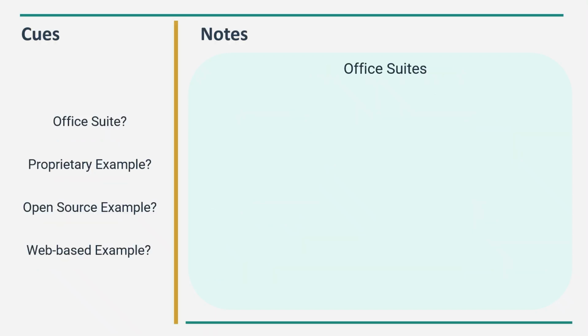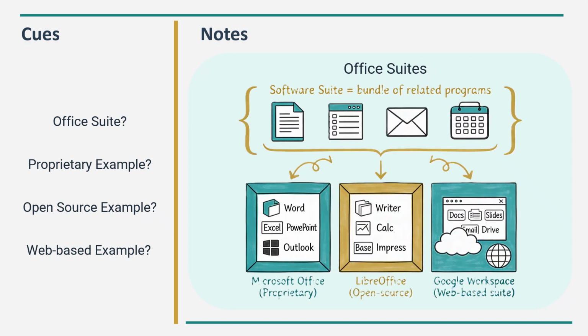Now let's look at some examples of Office suites. You will remember that an Office suite is a software bundle of related programs which have a similar interface and that you can work with them or between them to copy and paste easily. An example of a proprietary Office suite is Microsoft Office.